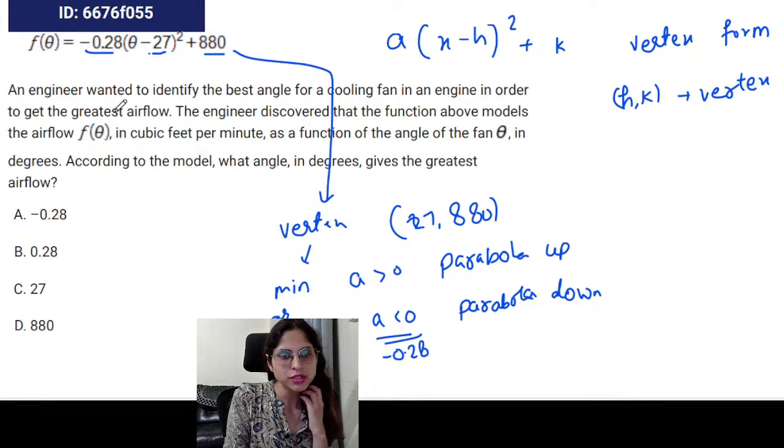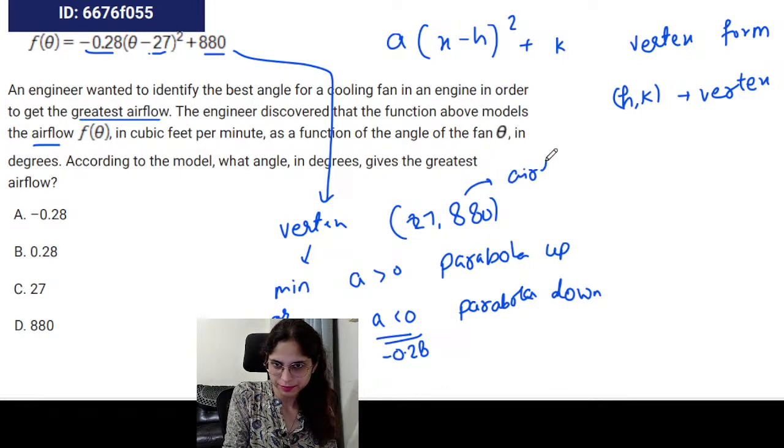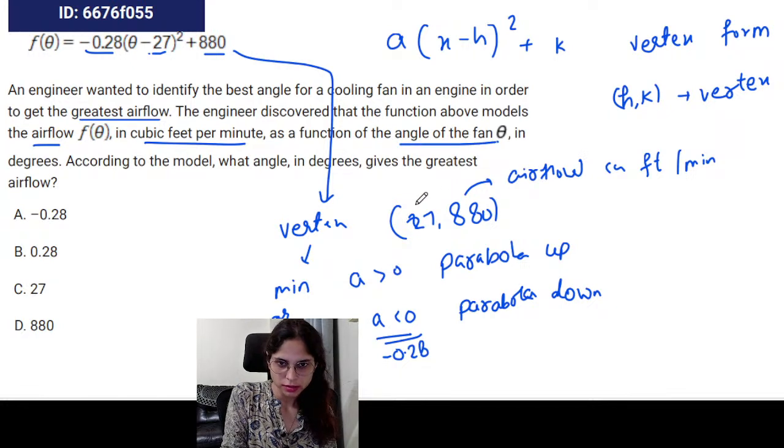Now, an engineer wanted to identify the best angle for a cooling fan in an engine in order to get the greatest airflow. They discovered a function that models airflow in cubic feet per minute as a function of the angle of the fan, theta, in degrees.